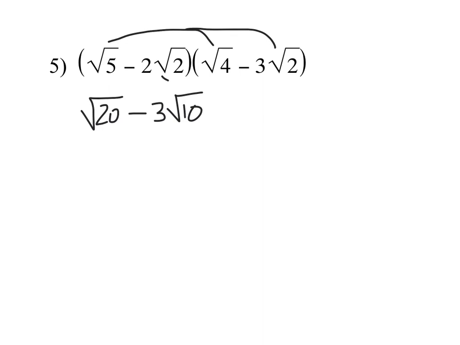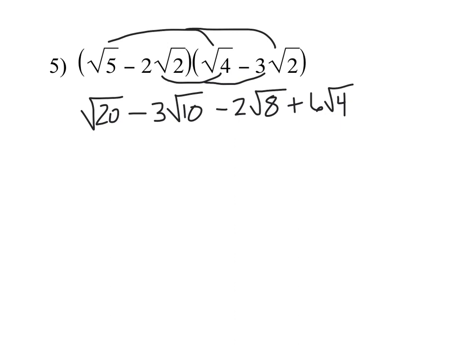Negative 2 square root of 2 times the square root of 4 is negative 2 times the square root of 8. And negative 2 square root 2 times negative 3 square root 2 is positive 6 times the square root of 4, because square root 2 times square root 2 is the square root of 4.